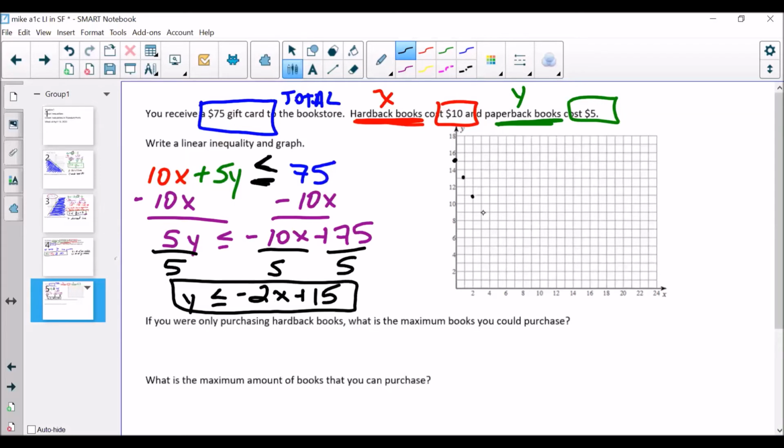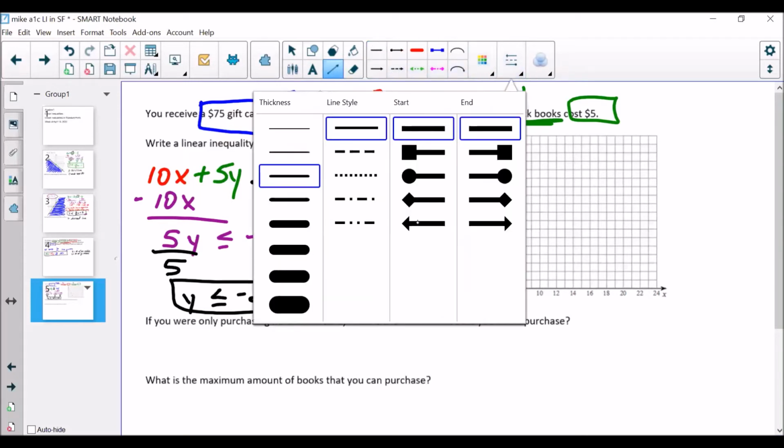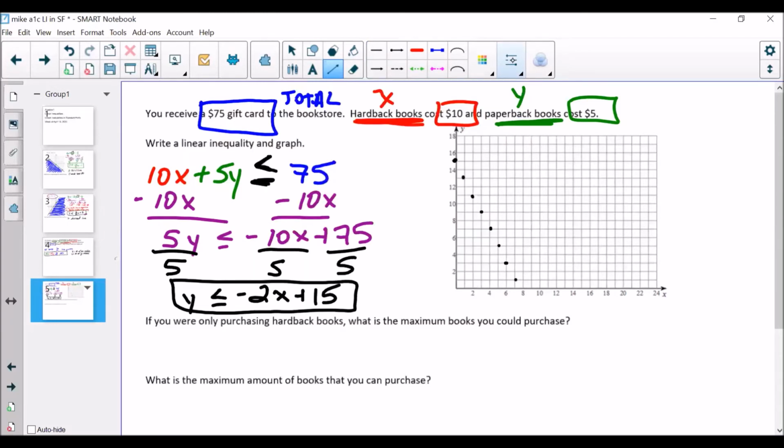Again, hopefully this is a little bit of review for you when it comes to changing around a standard form problem to one that now looks like it's in slope-intercept form. And we know we have a solid line here.